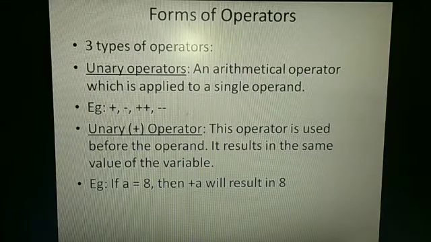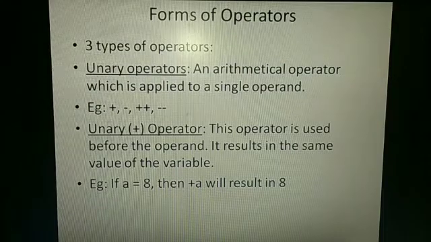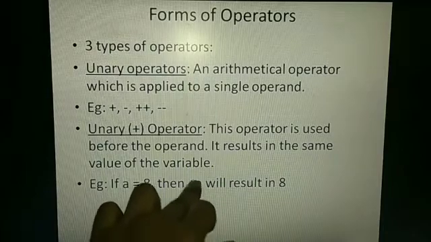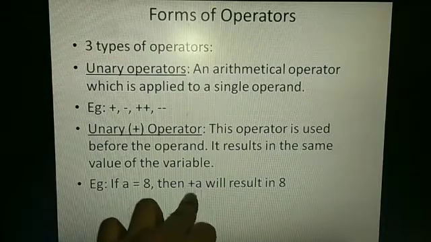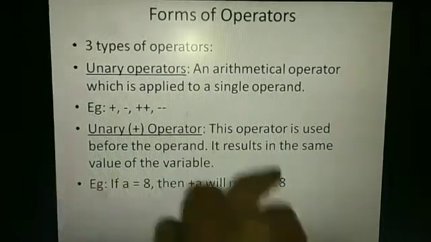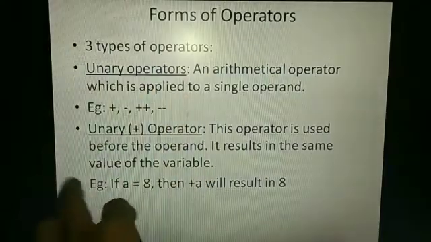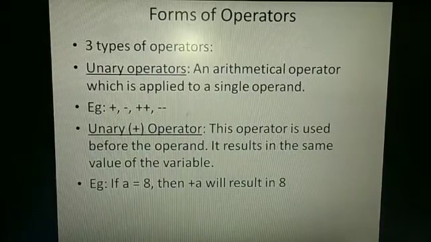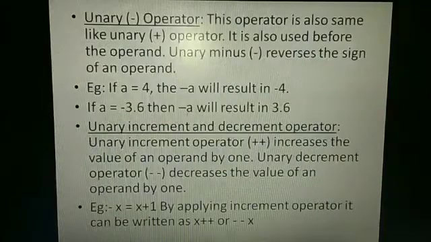So a's value is 8. But when you use the unary plus operator, it will be before your value, that is plus 8, and the result will give you the same value, that is 8. Understand?